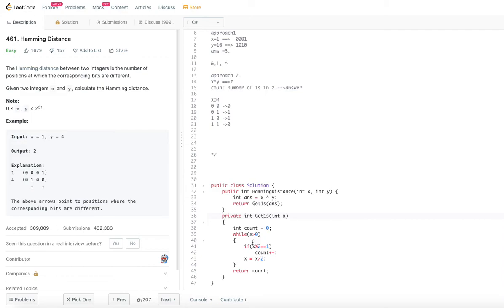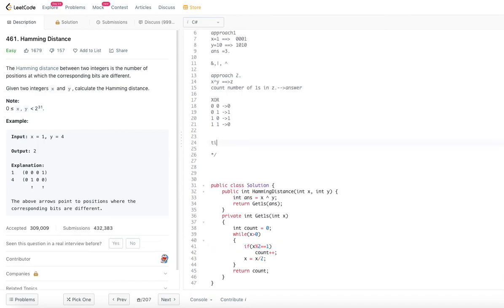It's going to check whether x mod 2 is equal to 1. If so, it counts, otherwise it doesn't. This is basically generating the binary number out of x, but we only count when x mod 2 is equal to 1. So that's how we are able to get the number of ones.